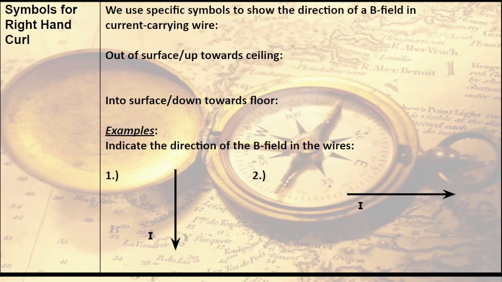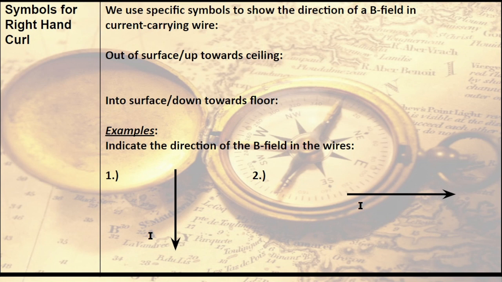So we're going to say that we use specific symbols to show the direction of that B field in a current carrying wire. And we define those as either out of our surface, up towards the ceiling, because our wires are most likely laying flat on a surface. So if the wire was flat on a table, we could define the magnetic field as pointing up out of that surface, or towards the ceiling.